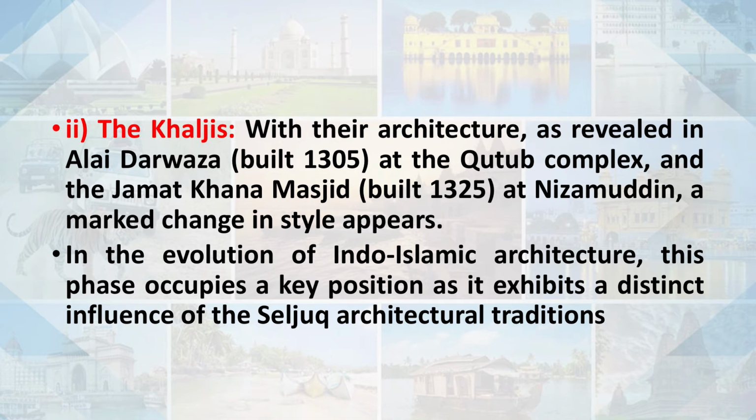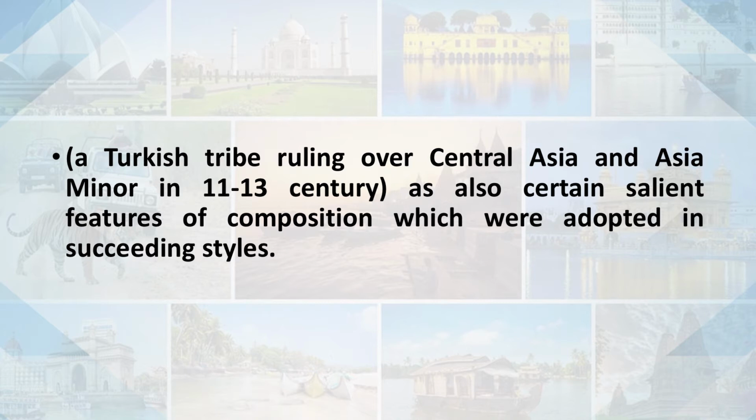In the evolution of Indo-Islamic architecture, this phase occupies a key position as it exhibits a distinct influence of the Seljuk architectural traditions, a Turkish tribe ruling over Central Asia and Asia Minor in the 11th to 13th century, as also certain salient features of composition which were adopted in succeeding styles.